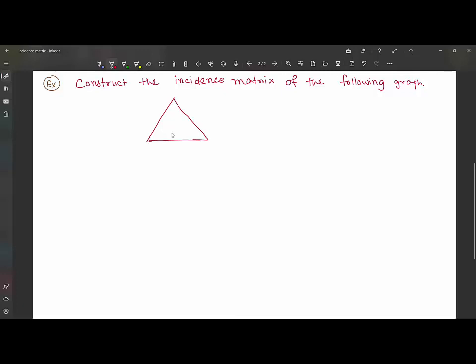and here this is V1, this is V2, this is V3, this is V4, and suppose this is V5, V6 and V7. And this is E1, this is E2, this is E3, E4, E5 and E6.